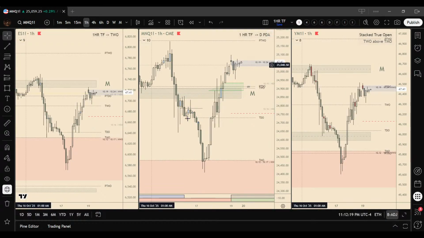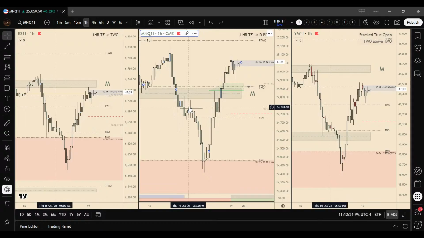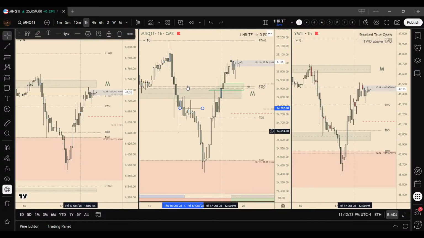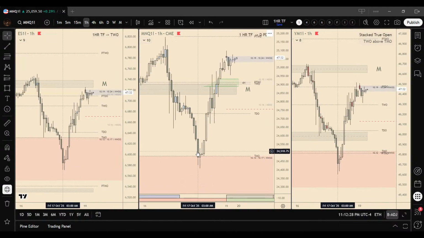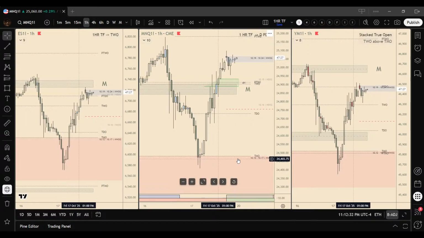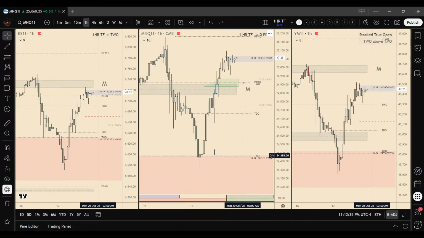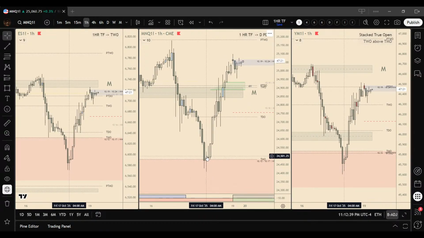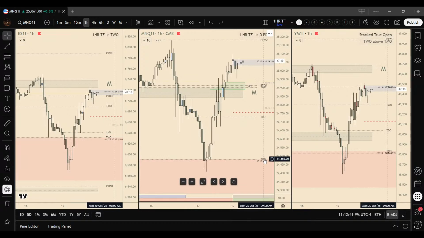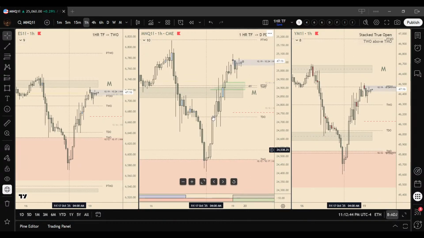Another way to look at this as well is the fact that on the 1 hour time frame, we have a closure and an opening below the true month open. But on the 4 hour time frame, like I showed you guys already, there was no closure underneath the true month open. So on the 4 hour it shows no closure, while on the 1 hour we do have a closure underneath the true month open.